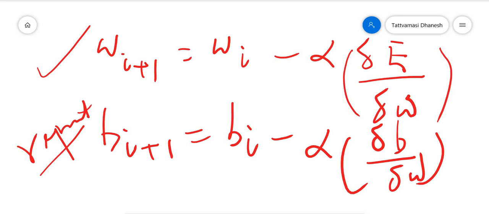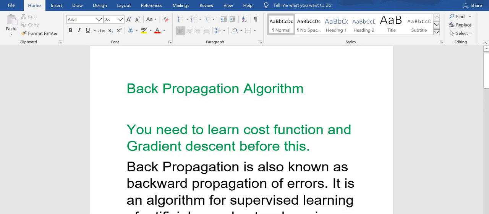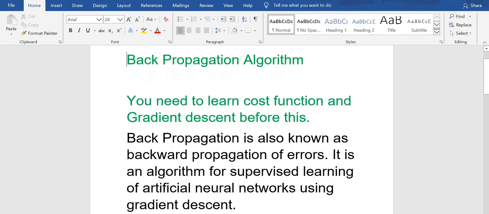So I have covered the cost function and gradient descent algorithm. That's pretty enough. Now I will get into the back propagation algorithm. As I mentioned, you need to learn the cost function, and I have given an idea about the cost function and gradient descent algorithm.